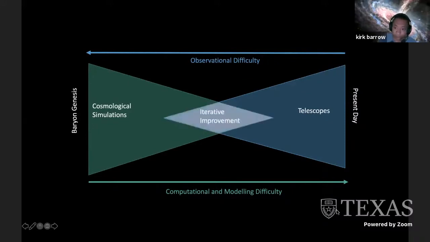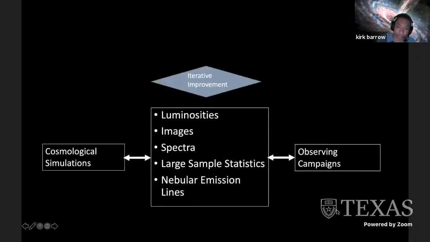So my research is focused primarily on a region of overlap, and that region of overlap is not focused on a particular redshift. It depends on the way that you're overlapping observations and cosmological simulations. But no matter what you think of as the overlap region, you have to speak a common language between the two different fields in order to iteratively improve our understanding of the universe.